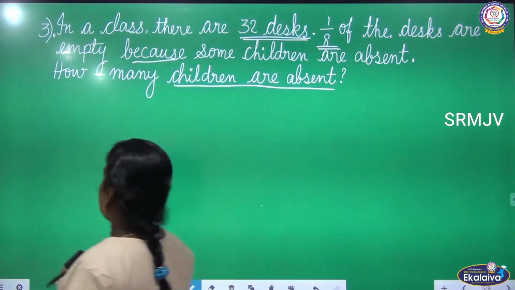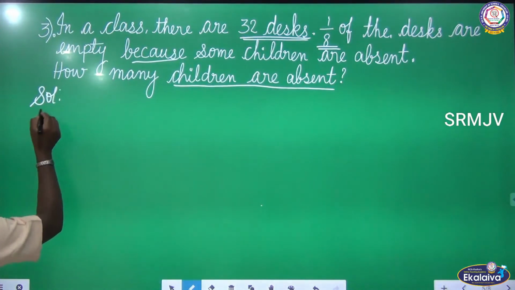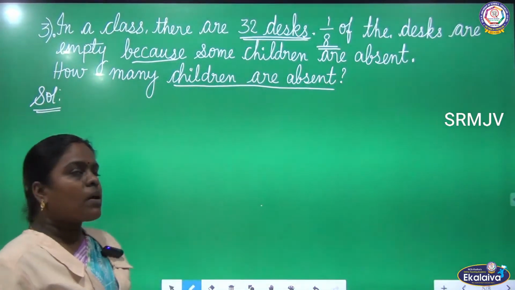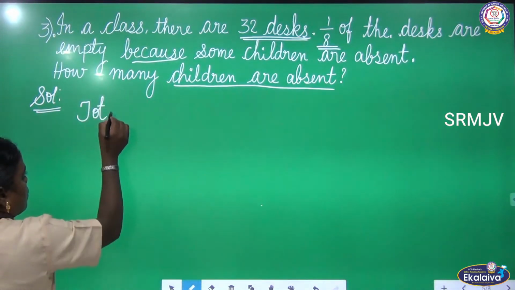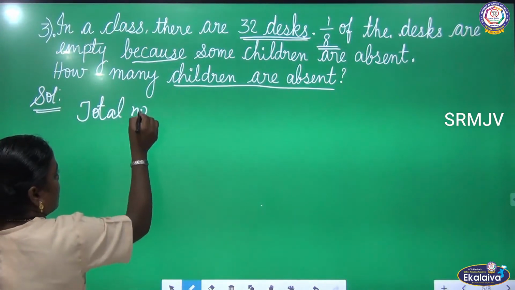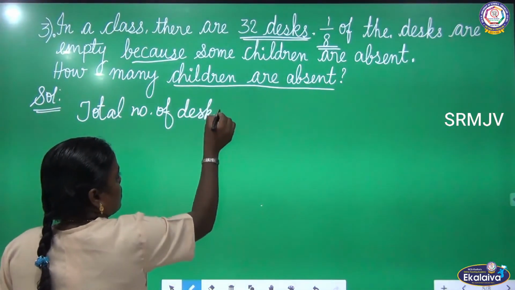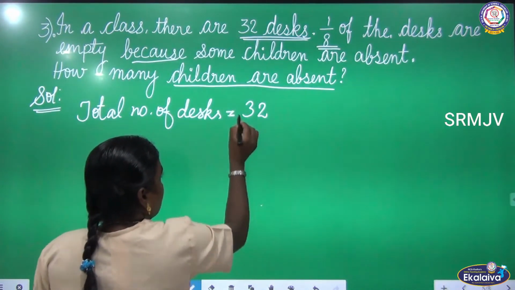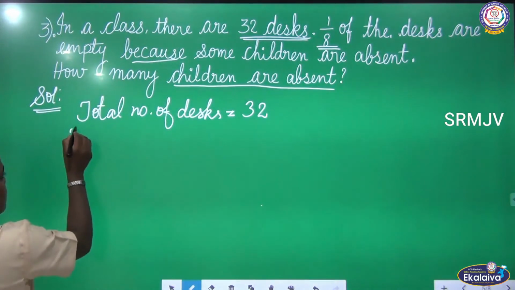Let us write the given things first. What are the things given? First one, the total number of desks is given. Total number of desks. There are 32 desks and the fraction of desks which is empty is given.